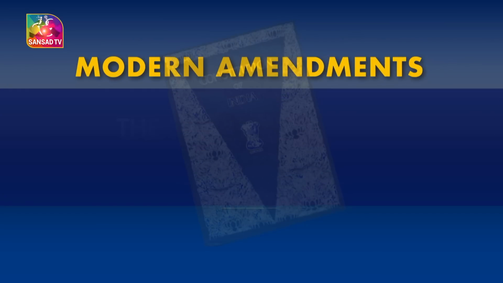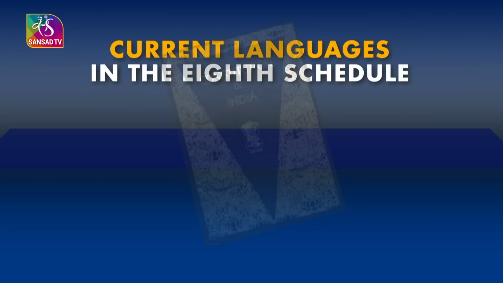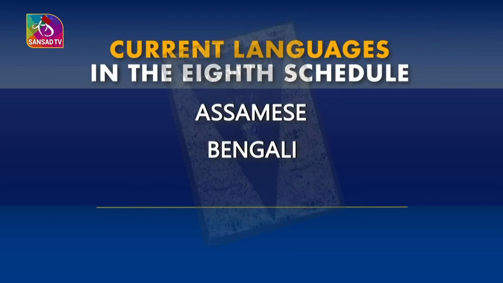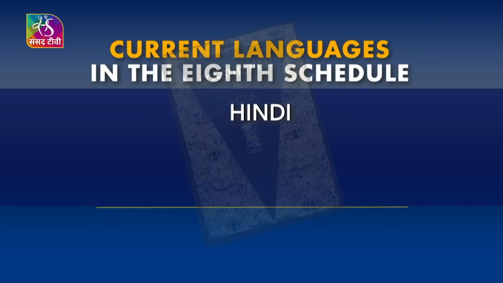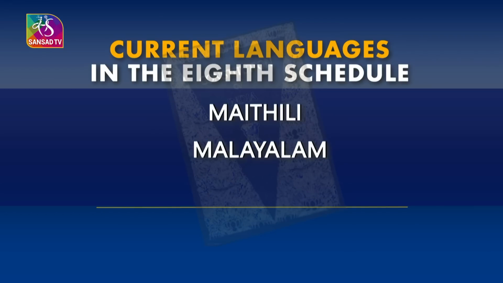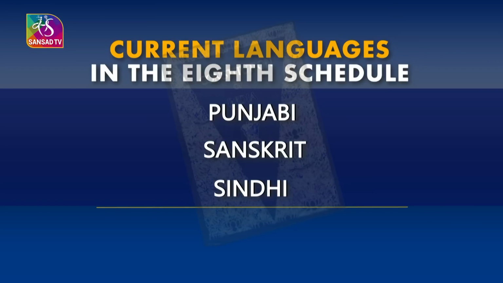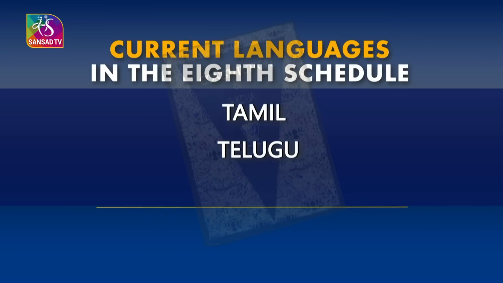Modern amendments, 2000s and present. As of the latest update, the 8th schedule lists the following 22 languages: Assamese, Bengali, Gujarati, Hindi, Kannada, Konkani, Maithili, Malayalam, Manipuri, Marathi, Nepali, Oriya, Punjabi, Sanskrit, Sindhi, Tamil, Telugu, Urdu, Bodo, Santhali, Dogri and Maithili.